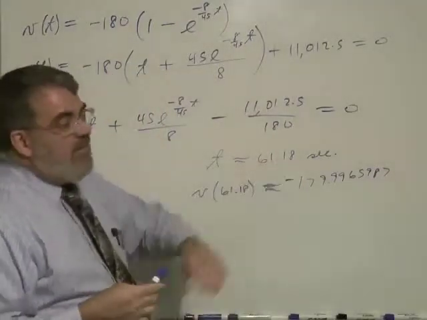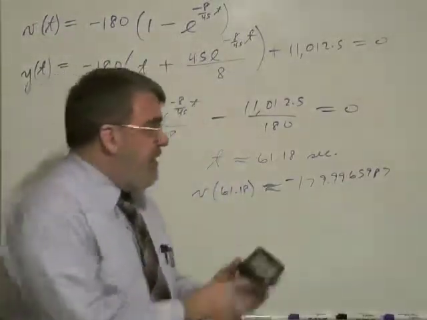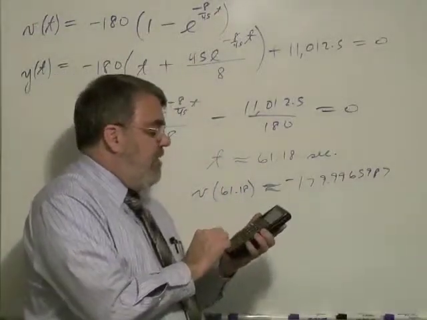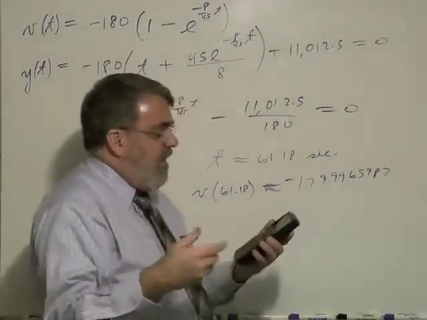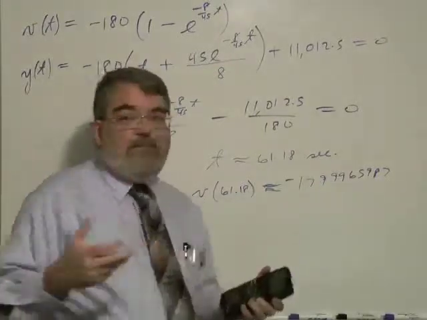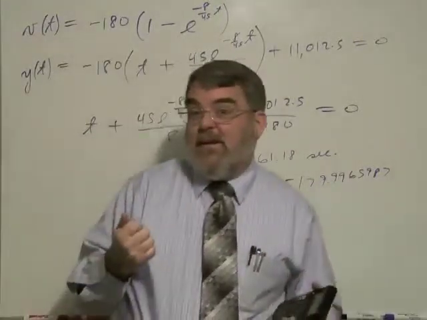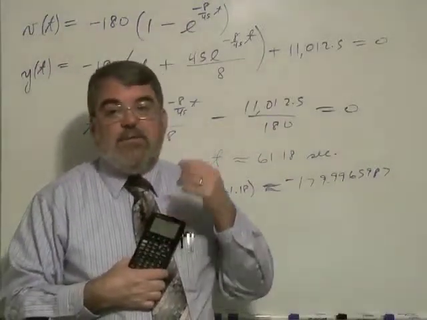So what happened here? It took about 61 seconds to fall 10,000 feet. And if you take 10,000 and divide by this number, it's around 163.5 feet per second. Now, terminal velocity is 180 feet per second, so the average velocity was 163.